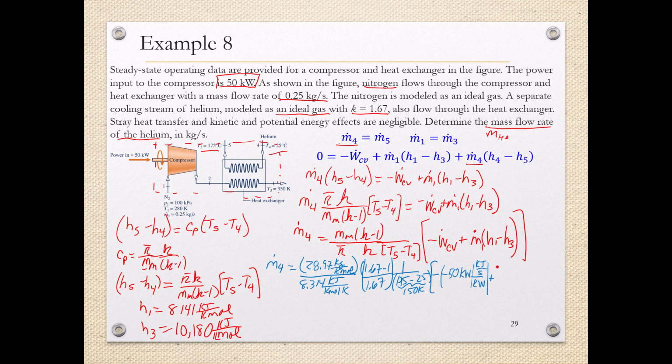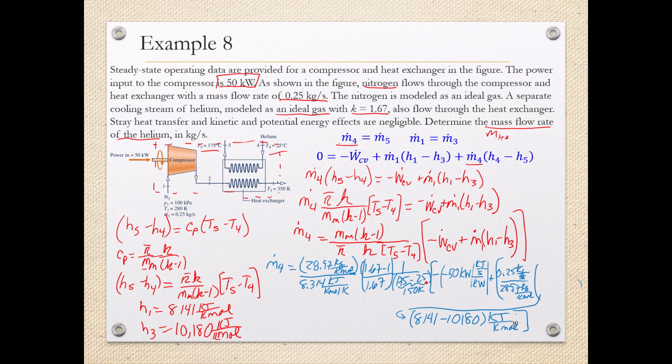We have here 0.25 kilograms per second over 28.97 kilograms per kilomole. And then we have here, I'm continuing on, I need to go down here. And we have h1, 8141, minus 10,180, and that is kilojoules per kilomole.